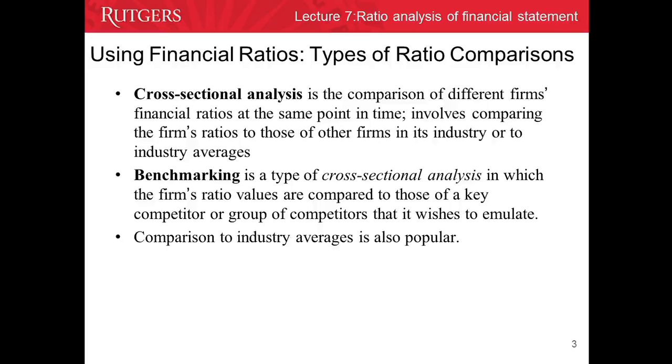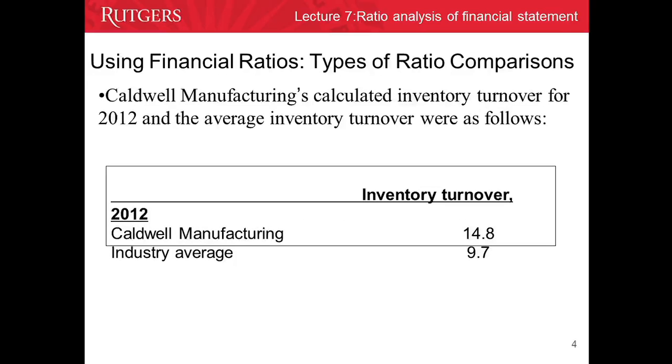In benchmarking, the firm's ratio values are compared to those of a key competitor or group of competitors that it wishes to emulate. And also, the comparison to the industry average is a popular type of cross-sectional analysis.